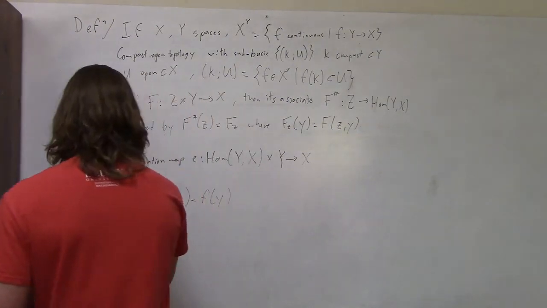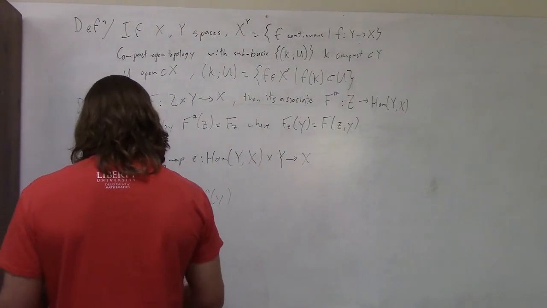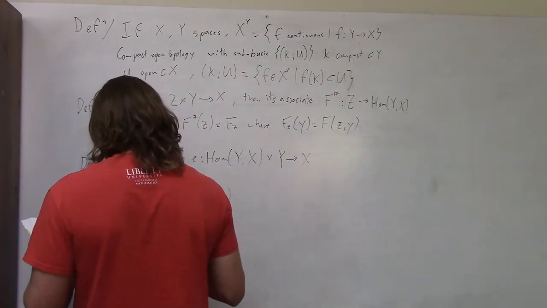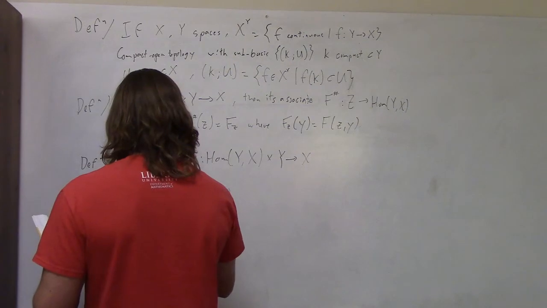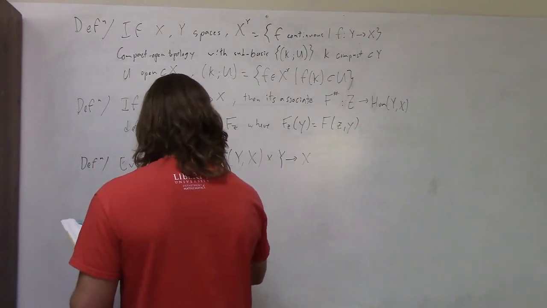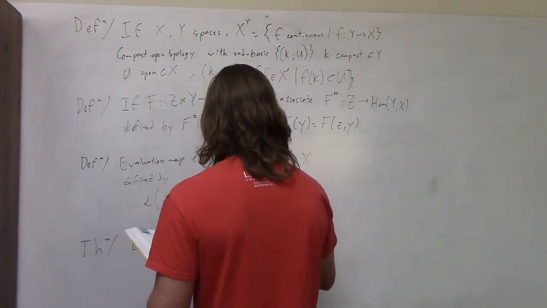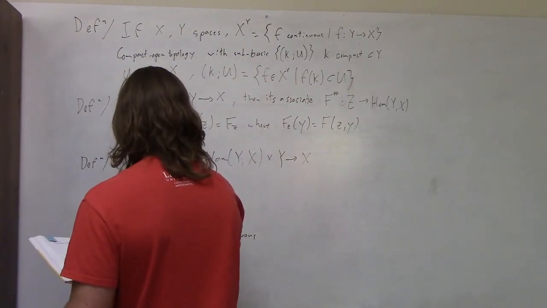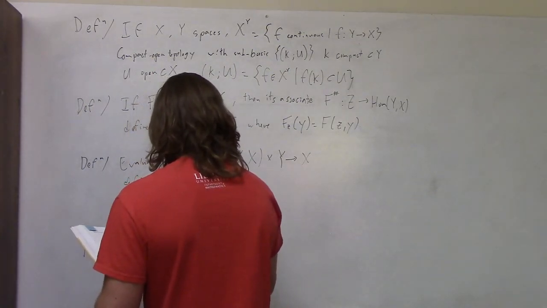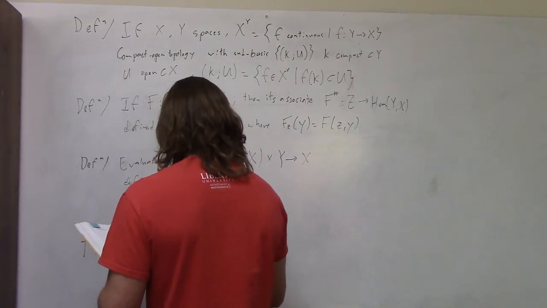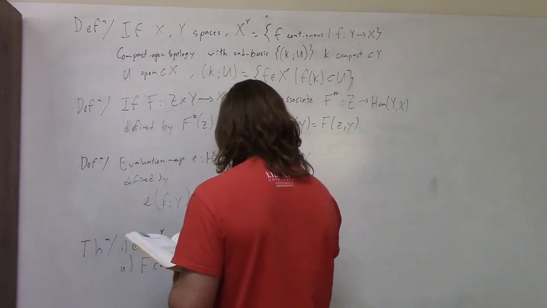If we consider everything I talked about before, X, Y and Z topological spaces, with the compact open topology, then the evaluation map is continuous, and f is continuous if and only if its associate function is continuous.